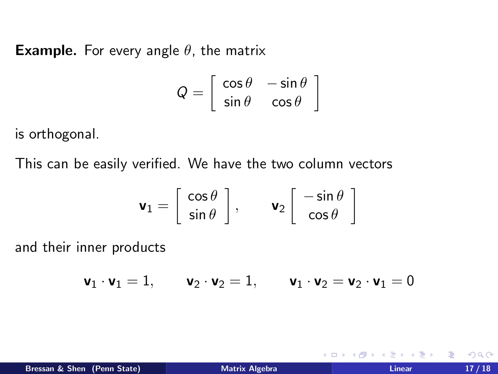And we perform the inner product. v1 dot v1 is cosine squared plus sine squared, which is 1. v2 dot v2 is sine squared plus cosine squared, which is 1. And v1 dot v2 is the negative of the product plus the positive of the product, which is 0. So this shows that v1, v2 are orthonormal vectors, and therefore this matrix Q is an orthogonal matrix.